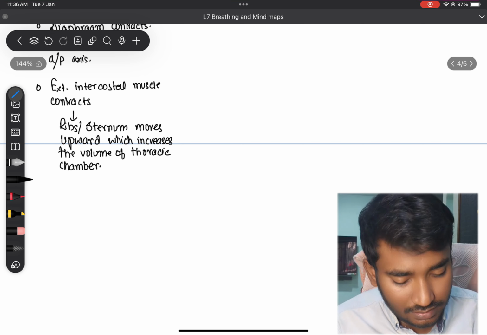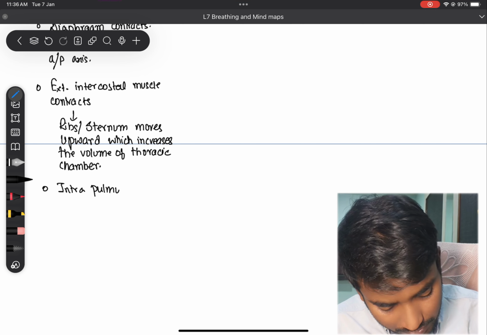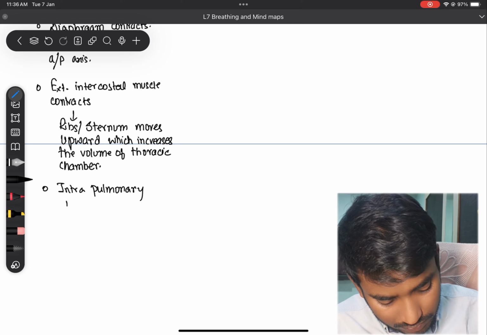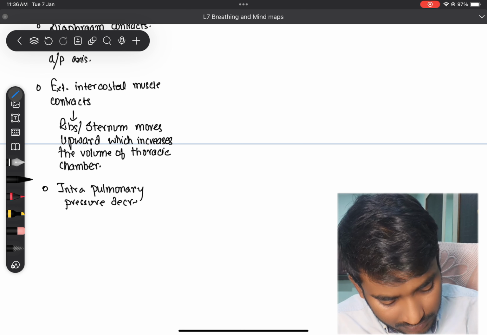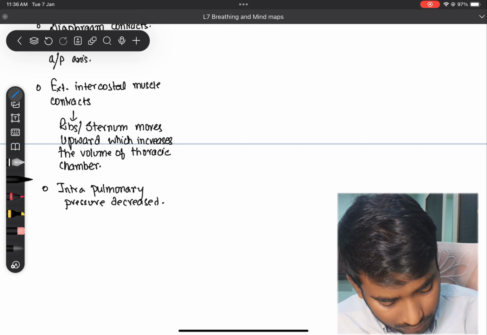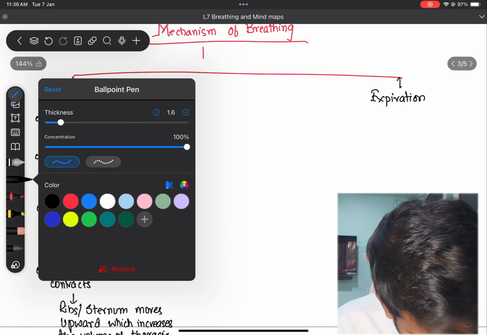Intrapulmonary pressure is decreased. Now take it as a note here.